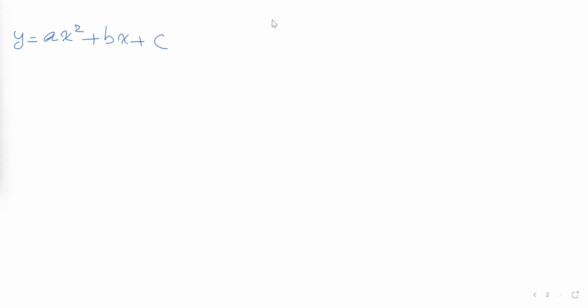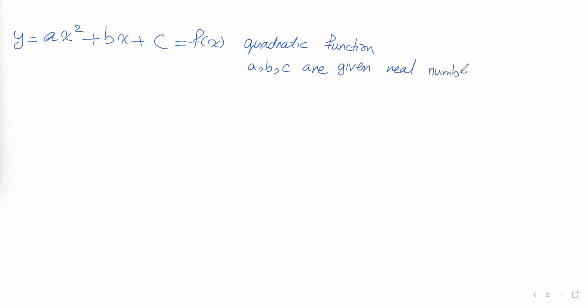Okay, so let's start with a very simple example. Let's say I have this function. This is called a quadratic function, where a, b, c are given real numbers. It can be any real number, okay?